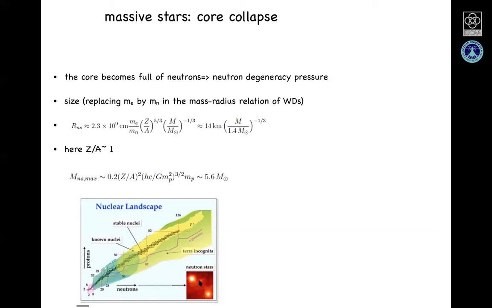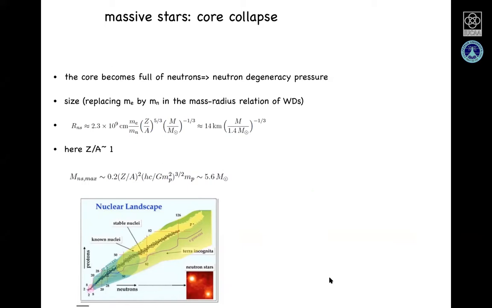In this parameter space, you can think of neutron stars as a huge nucleus composed only of neutrons. If you plot the number of neutrons and number of protons in a nucleus, these are the familiar nuclei from the periodic table. And on the very extreme, you can think of a neutron star.